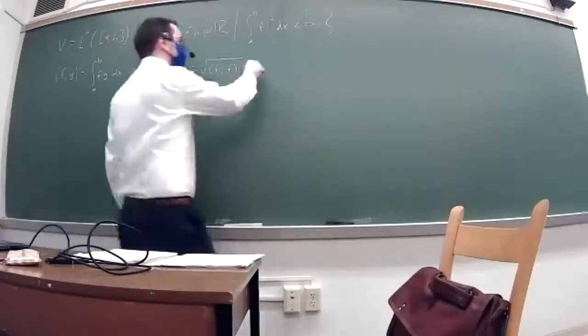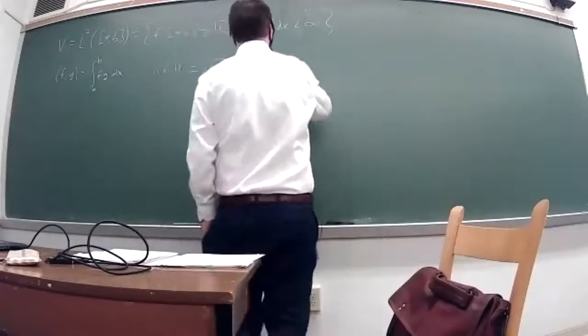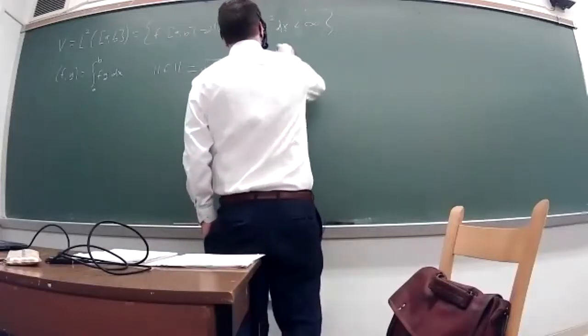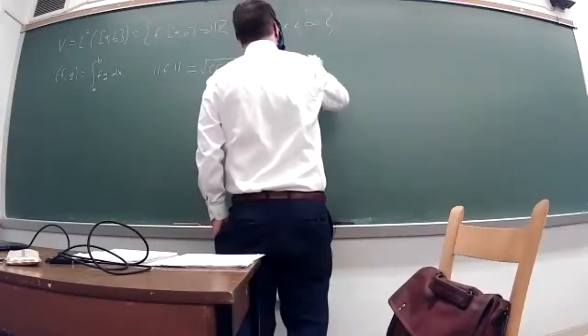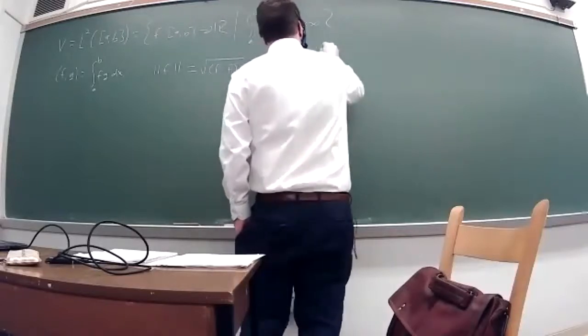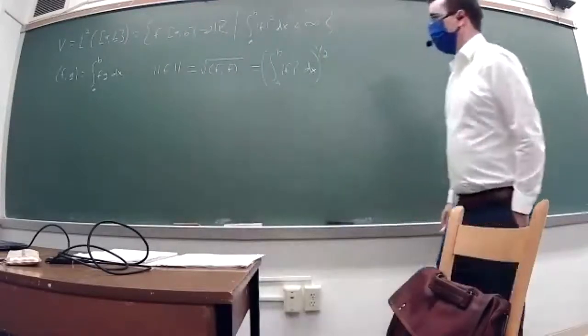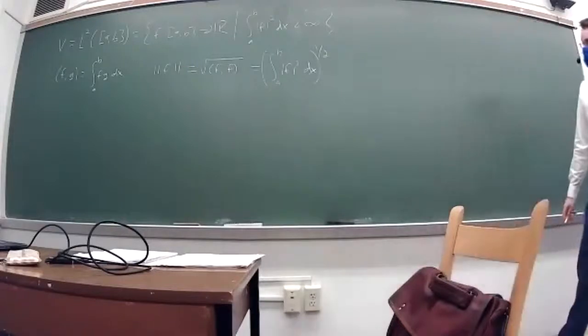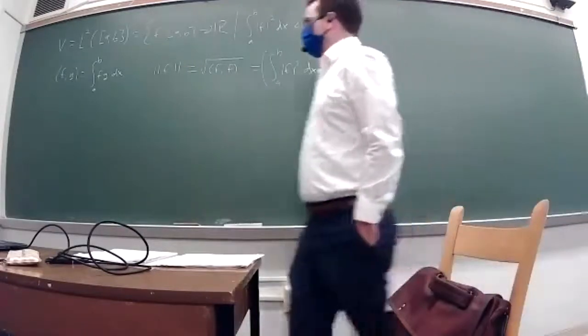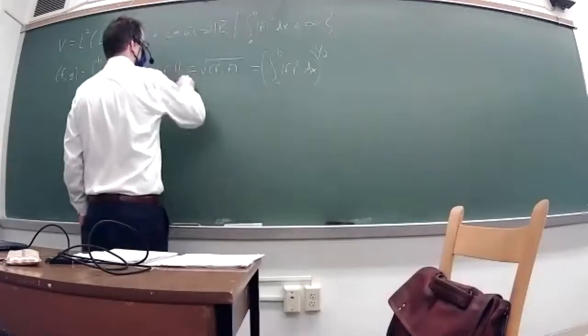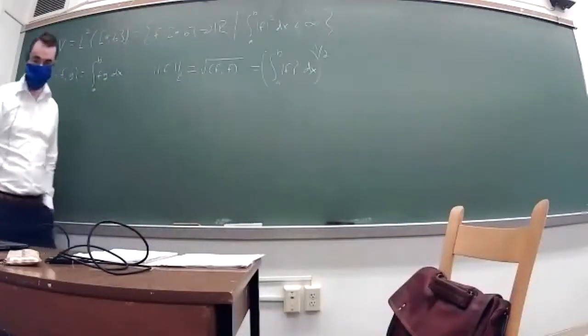So in this case, it's going to be taking this integral now to the 1/2 power. And so this is called the L2 norm. Sometimes you put a subscript 2 there, or you put an L2 there.